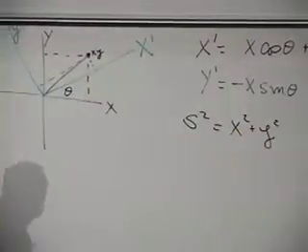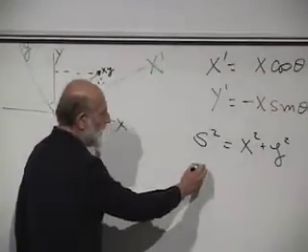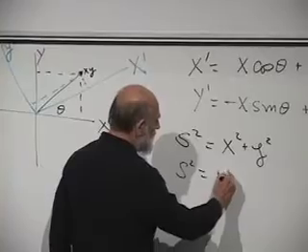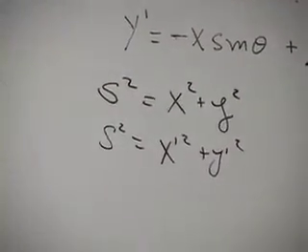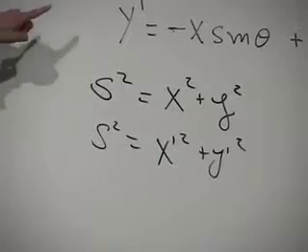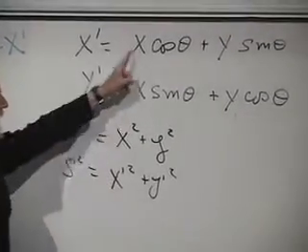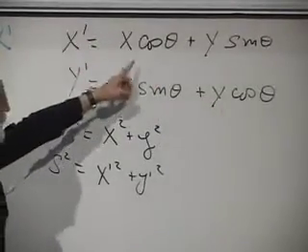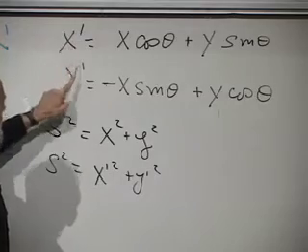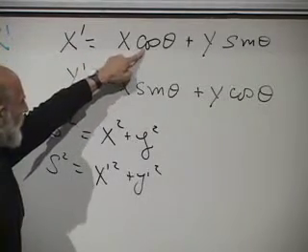But as I said, there's nothing special about the xy axes. We also ought to be able to calculate it as x prime squared plus y prime squared. Well, it's not too hard to work out that x prime squared plus y prime squared is x squared plus y squared. X prime squared plus y prime squared will have x squared cosine squared theta.